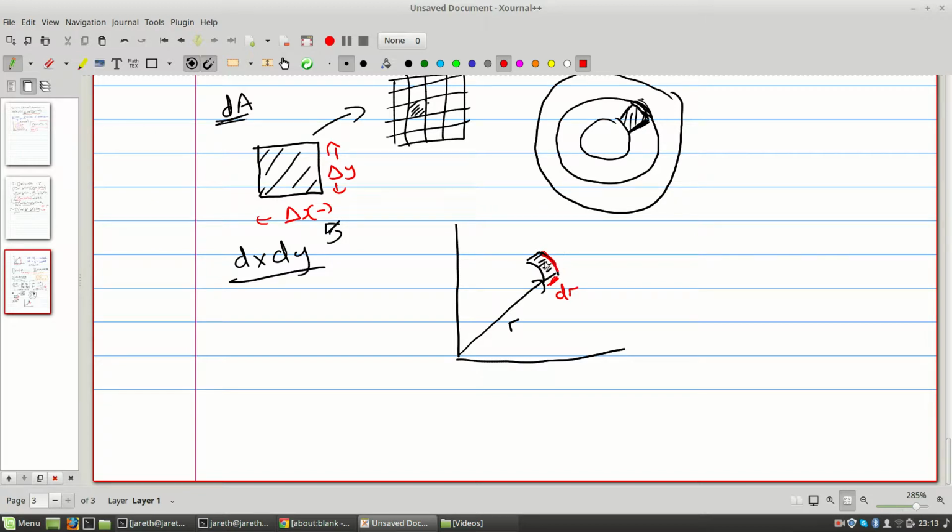The arc length formula says the arc length is equal to r times theta. So this arc is r times d theta. The change in theta is d theta, but because of the arc length formula, that's where this r comes from.